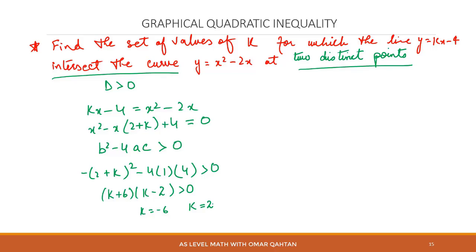But the thing is that we are given an inequality. So how are we going to solve it? This is the case of greater than 0. So for example, if we start drawing it, it would be somewhat like minus 6 till 2. So minus 6, and over here we have 2.